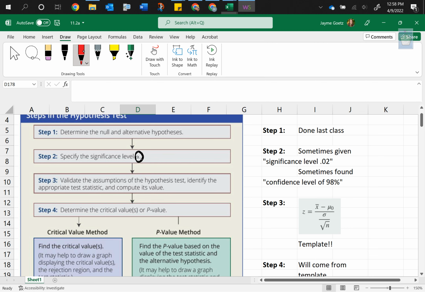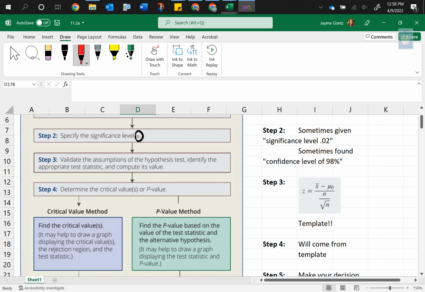Step 3 says we're going to have to validate the assumptions of the hypothesis test, identify the appropriate test statistic, and compute its value.